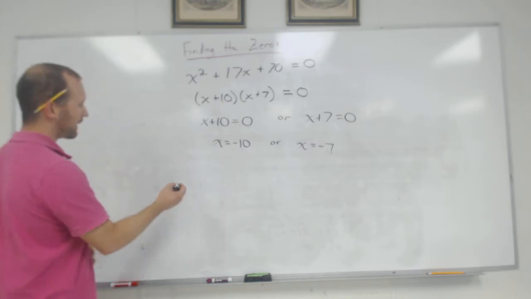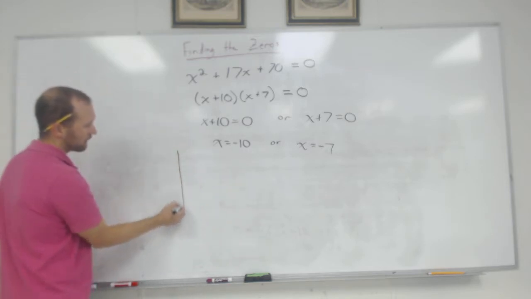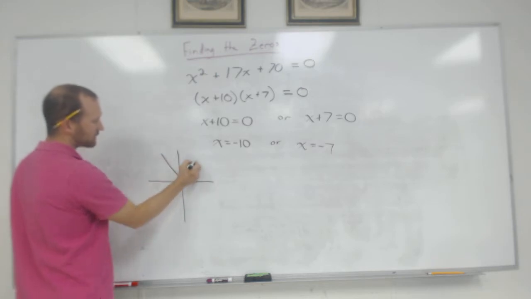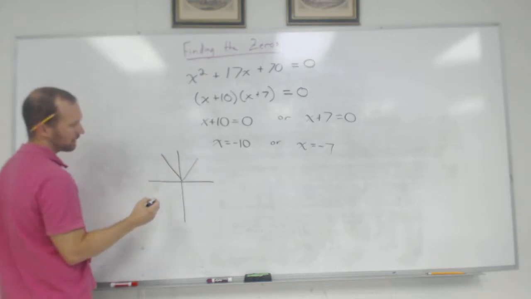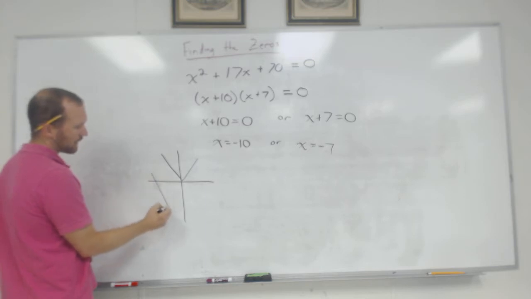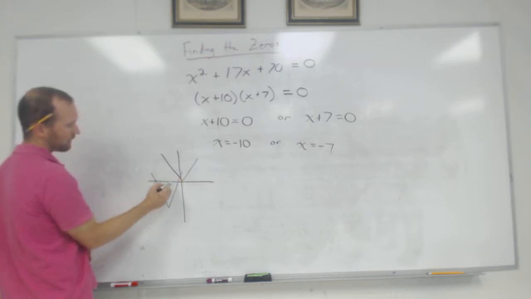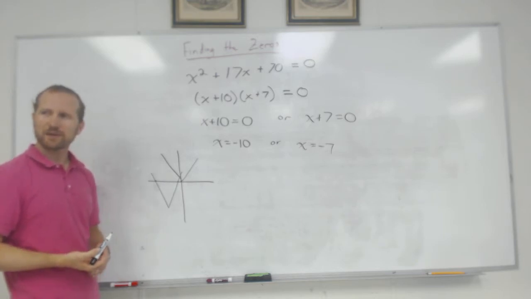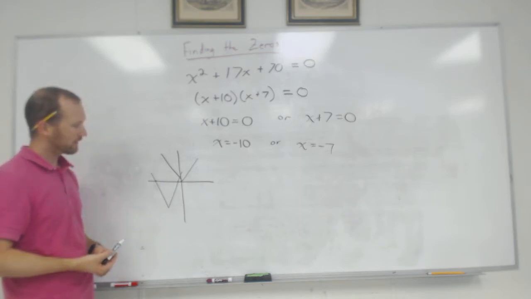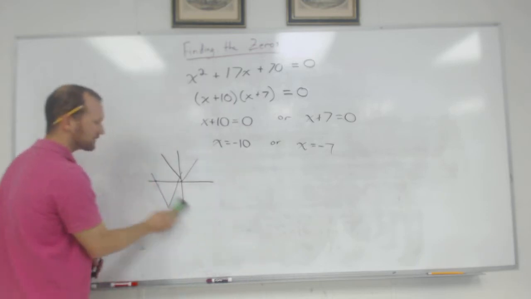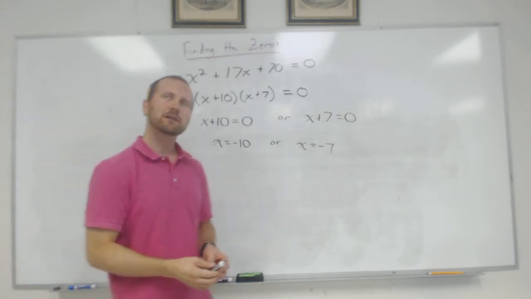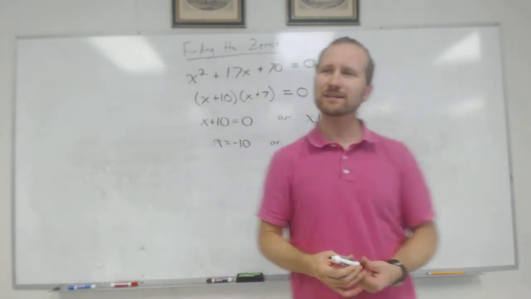What I'm thinking of in my head right now, this is an aside, but an absolute value graph looks like this. So actually maybe it is kind of the same thing, right? Because with an absolute value graph, you could have two roots, you could have one root. I never thought about that before. That's cool. So I guess in a way it's like the exact same thing as absolute value.